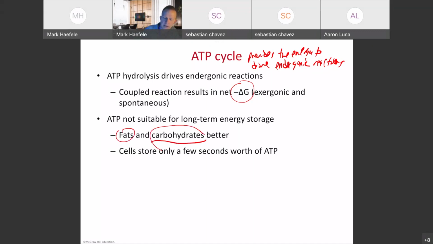And through metabolic reactions, you convert your carbohydrates and fats into ATP so that you can use that energy and then kind of recharge it. So actually the energy that comes from making an ATP comes from burning and breaking down and liberating the energy that you have in carbohydrates and fats.